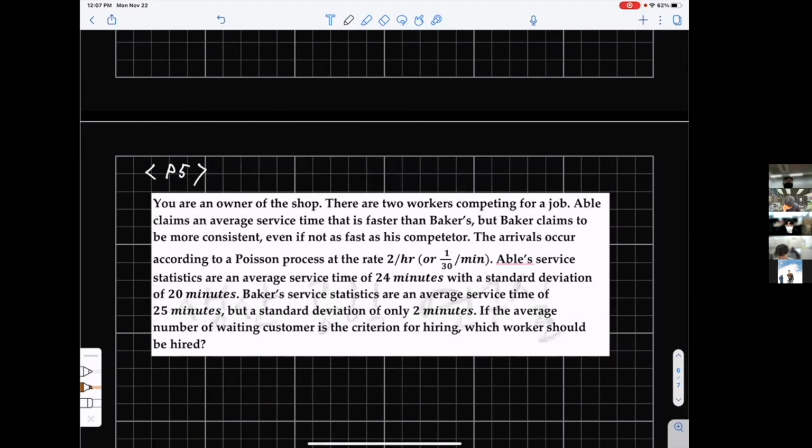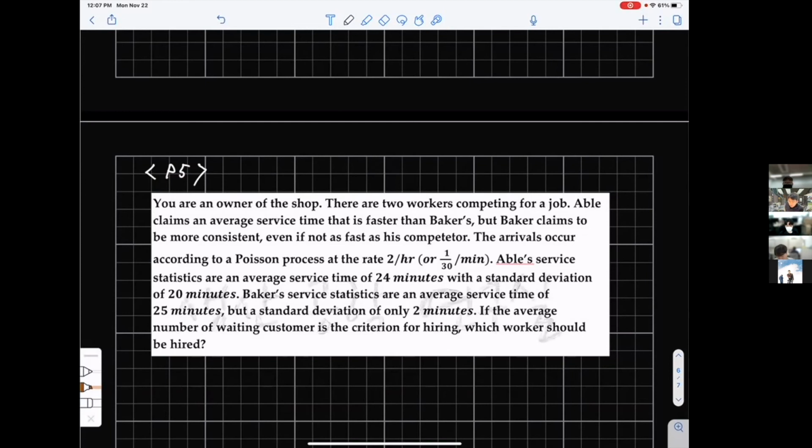You are an owner of a certain shop. There are 2 workers. They are competing with each other for a given job. One worker is named Abel, and the other worker is Baker. Abel claims that he can work faster than Baker, but Baker asserts that he can be more consistent, even though his speed is a little slower compared to Abel.